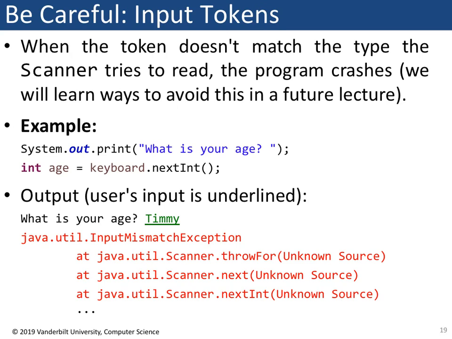So we've already introduced the idea of garbage in, garbage out. If a user does something unexpected and the program is not built to handle it, then we're going to cause major problems. So if we tell our scanner to interpret the next item on the input stream as an integer, however the next item is actually not an integer, then we're going to crash the program. That's a runtime error. As an example, you print out in your main, what is your age? And our class clown types in Timmy.